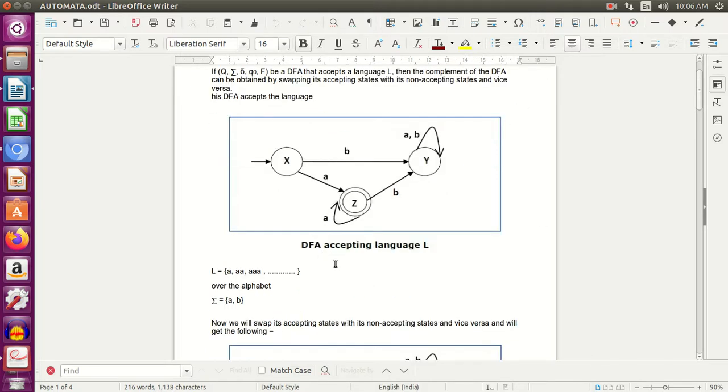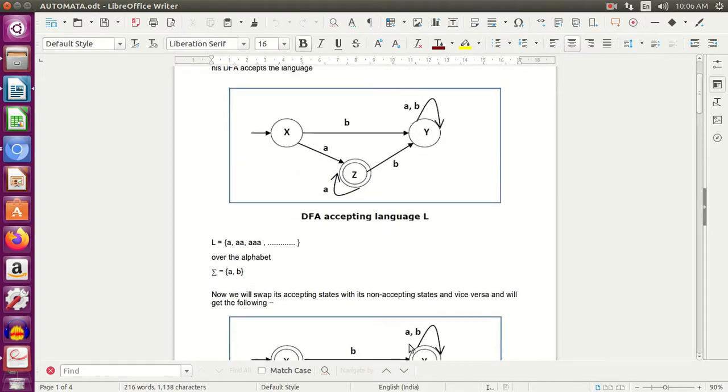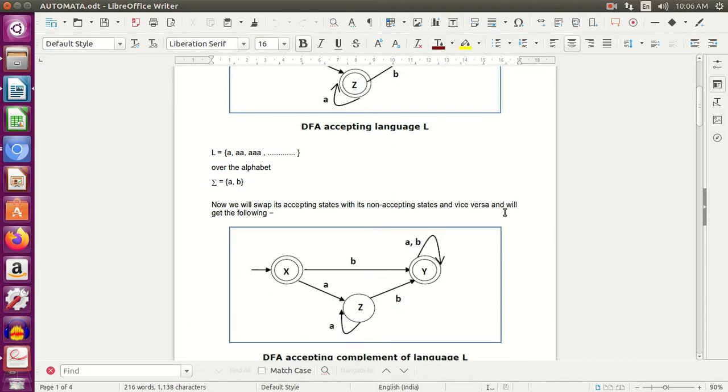So if you are now asked to find the complement of this DFA, you just swap the accepting states and the non-final and final states. The initial state remains the same, but x and y become the final states, and z becomes the non-final state.